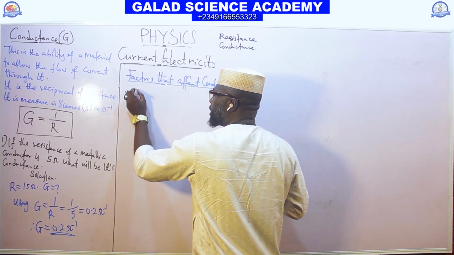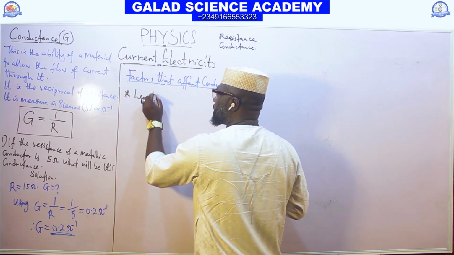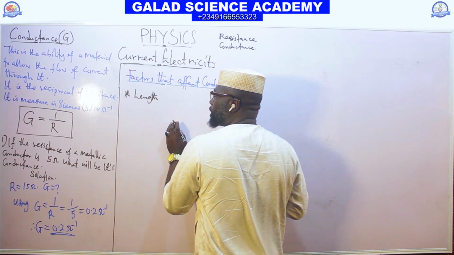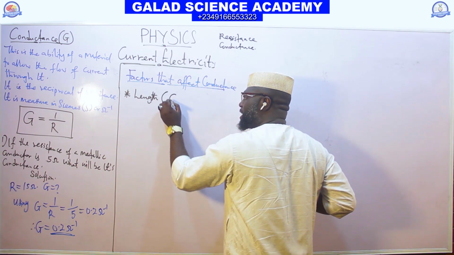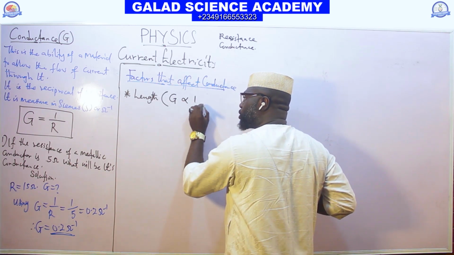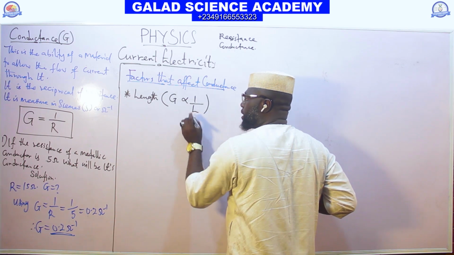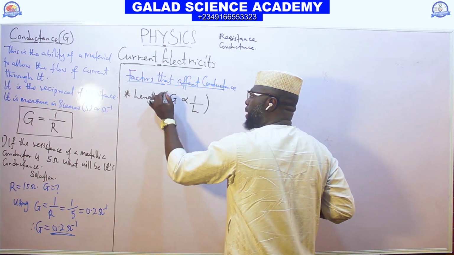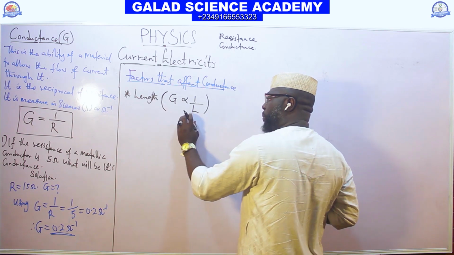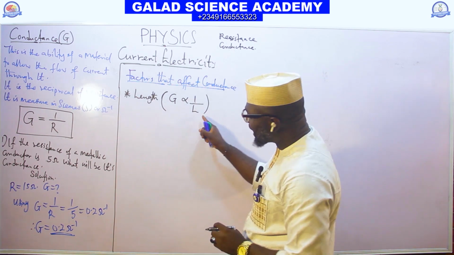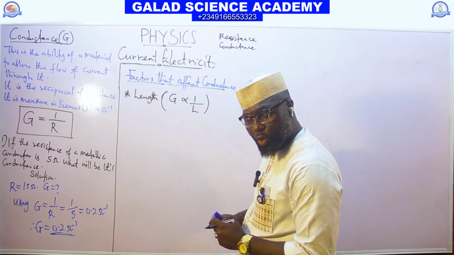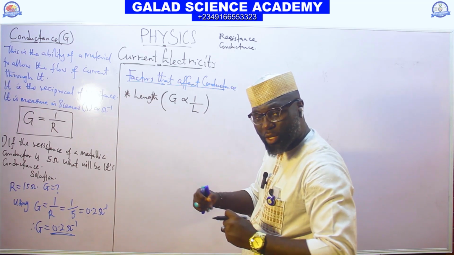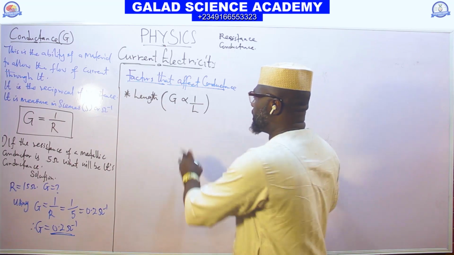Number 1, we have length. The conductance is inversely proportional to the length. If you remember, the resistance is proportional to the length. When the length is increased, the conductance will reduce. When the length is reduced, conductance will increase.